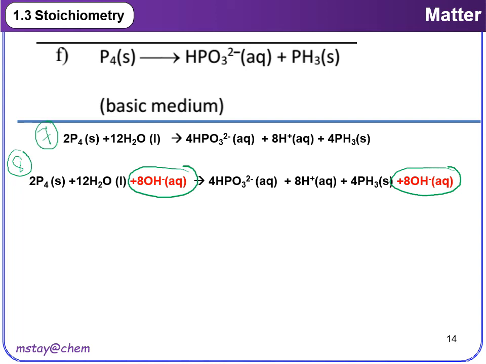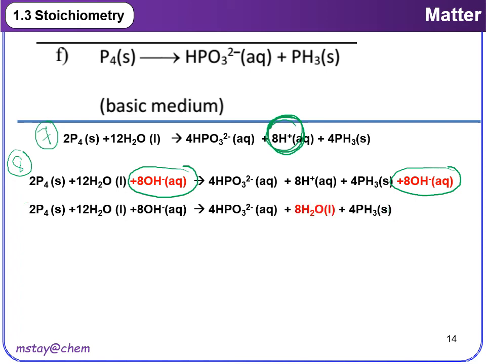It's because in the equation here we have 8H plus. So if we have 8H plus, we have to add 8 OH negative on both sides. Step number 9, we combine the OH negative with the H plus, and these two combine to form 8H2O.